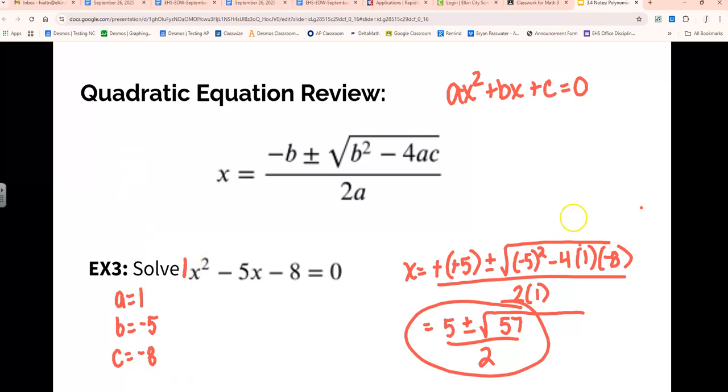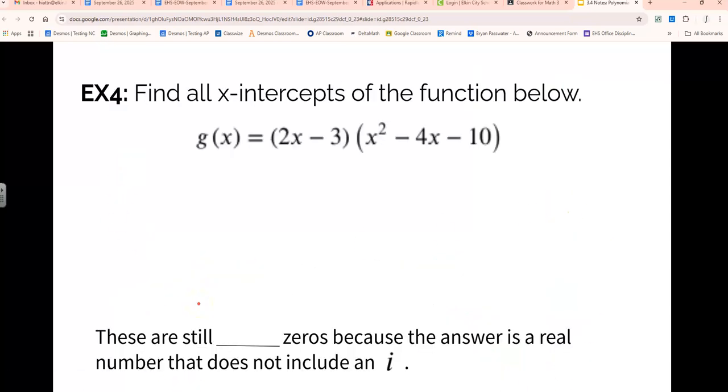So that's just a little review on quadratic formula, because sometimes you get problems like this and they ask you for the x-intercepts. So if they ask us for the x-intercepts here, the first thing I would want to check is to make sure that this won't just factor further, x squared minus 4x minus 10. So I could try the x method for this, so multiply to get negative 10, add to get negative 4.